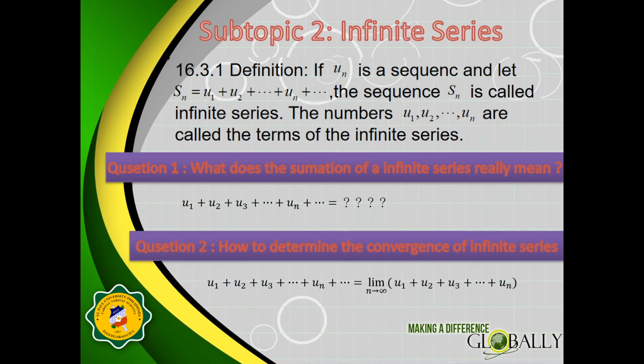So for the definition here, we may ask, what does the summation of an infinite series really mean? We know what it means to add finite terms, but what does it mean to add infinite terms?